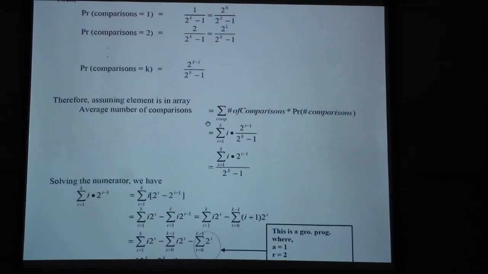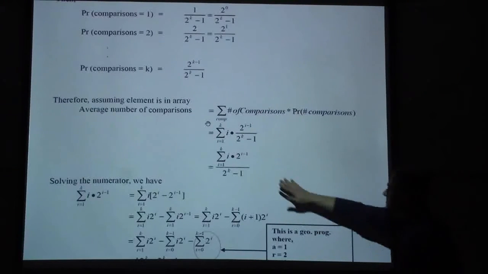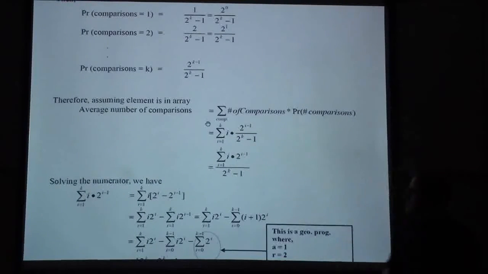Now, the summation is basically going to be the summation of a product, we can see that what we really have is this times this. We can put the I right next to 2 to the I minus 1, I times 2 to the I minus 1, and then we're dividing by 2^k minus 1. But 2^k minus 1 is a constant.